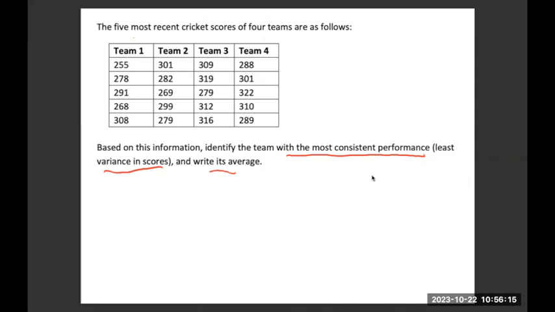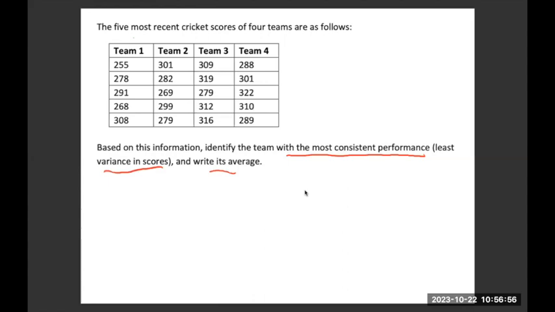In order to find the consistent performance, that is, the least variance in the score, the easiest way to do that would be subtracting the highest score minus the lowest score.